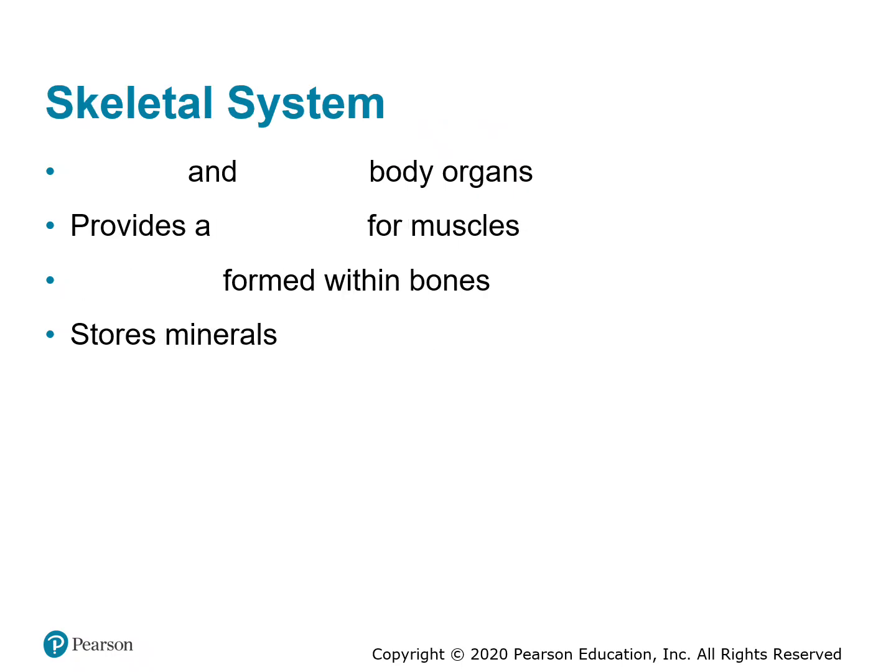Next system we talk about is the skeletal system. The skeletal system is your bones, all the bones in your body. We break up this system into two parts, the axial skeleton and the appendicular skeleton. Okay?